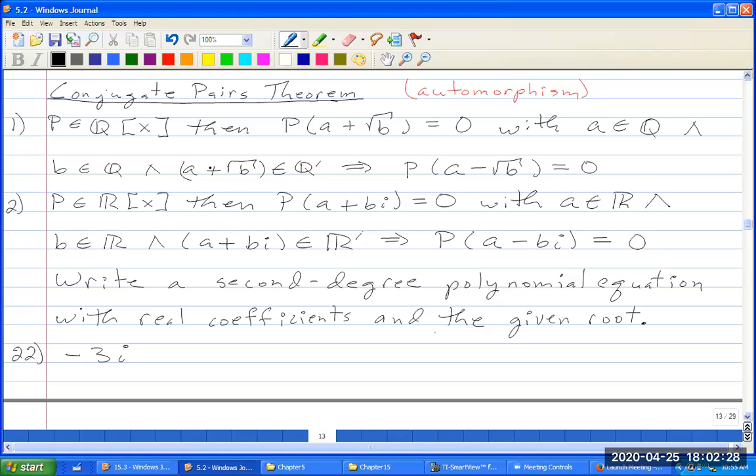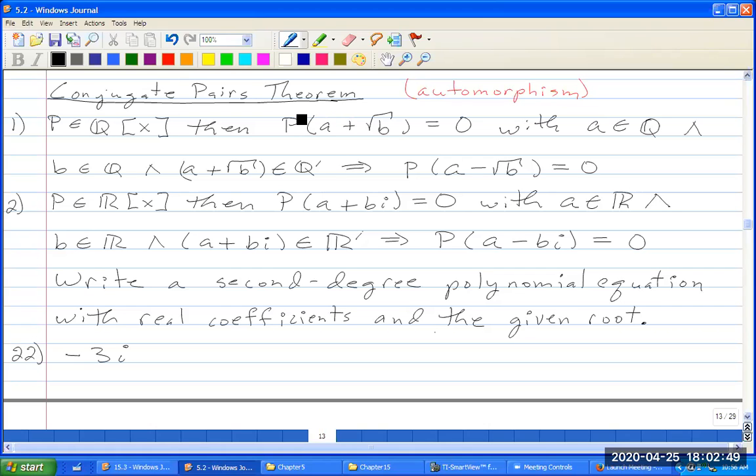So we usually do other things, but these are still important because they will help you to save time. So first, let P be a polynomial with rational coefficients.